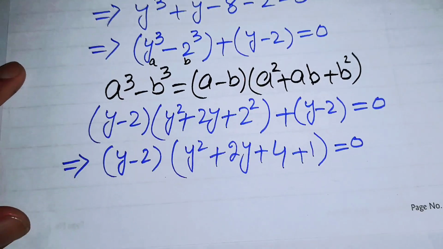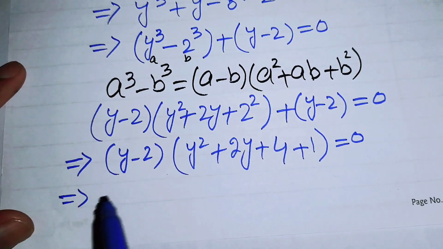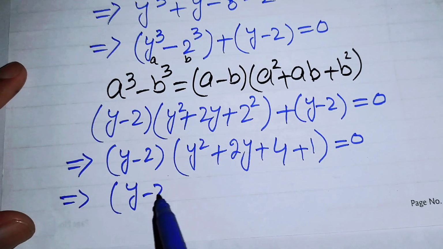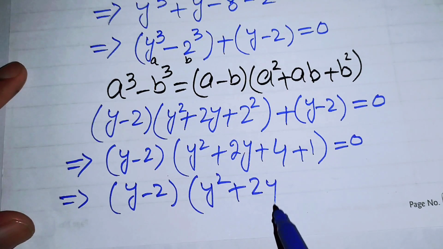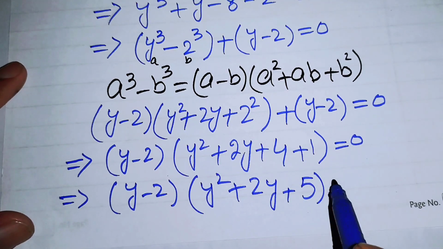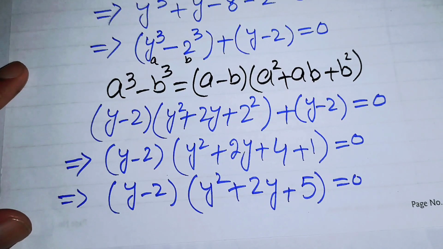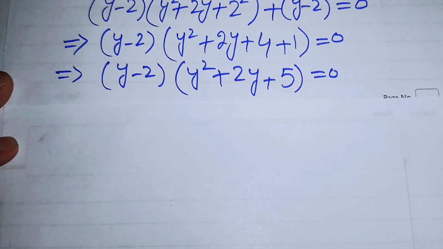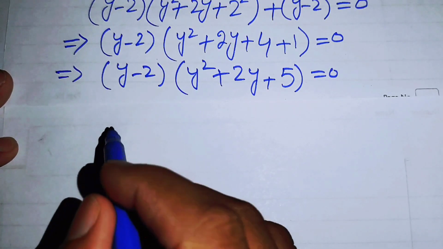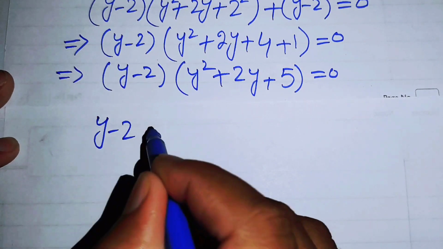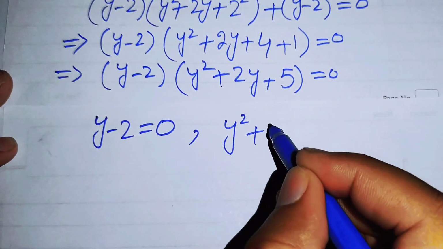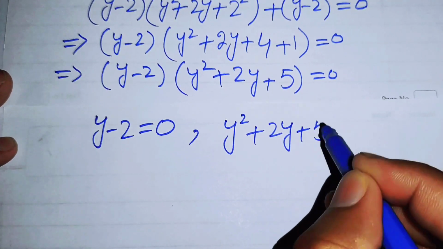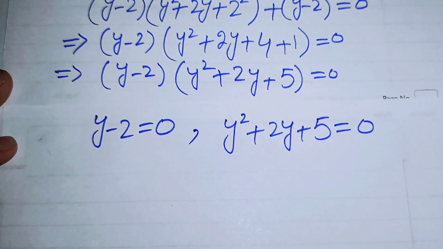After a little simplification, you get y minus 2 times y squared plus 2y plus 5 is equal to 0. So here we have two cases. The first case is we take y minus 2 is equal to 0, and the other case is we take y squared plus 2y plus 5 is equal to 0.